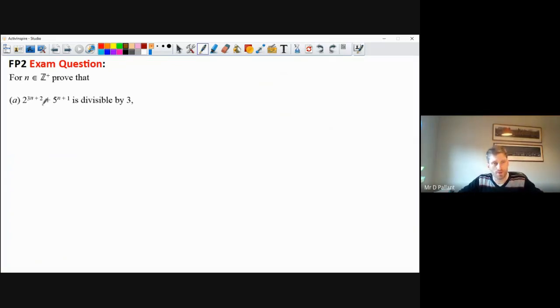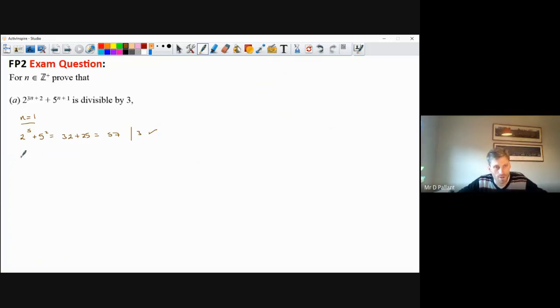Right, so the standard process, let's start with n equals 1. So 2 to the power of 5 plus 5 to the power of 2 equals 32 plus 25, which is 57, and yes, that does divide by 3 because it's 19 times 3.